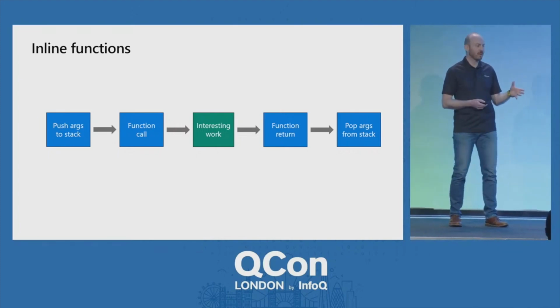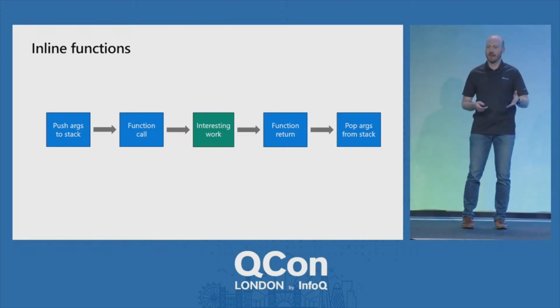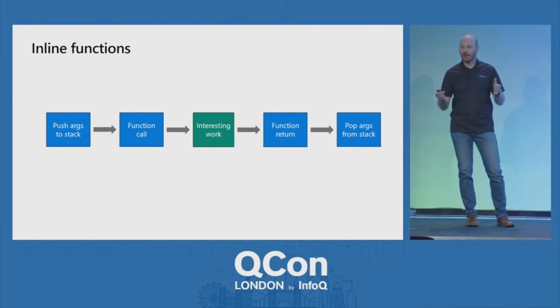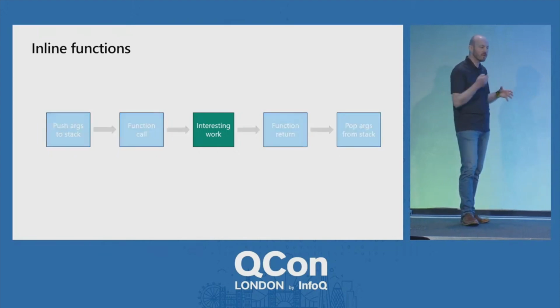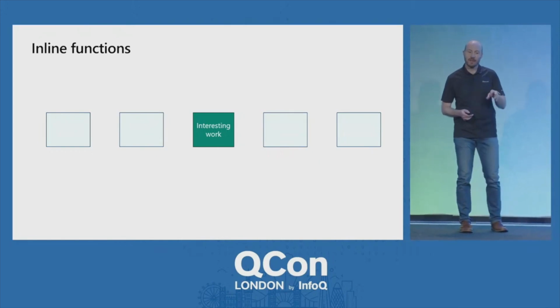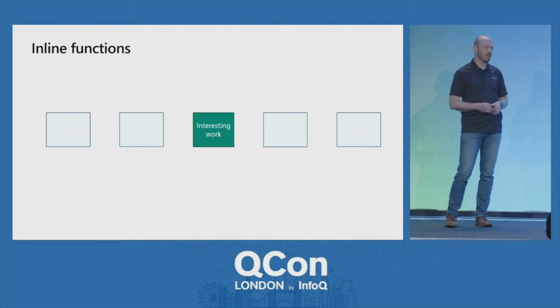And then we've got to clean up as well. We've got to undo that function call. We've got to pop the address back off the stack. We've got to jump back to where we want to execute. We've got to clean up those arguments we pushed onto the stack. And all of those blue boxes, they all cost you performance. So if you inline a function, you can get rid of all those overheads, and you just do the interesting work that you care about.